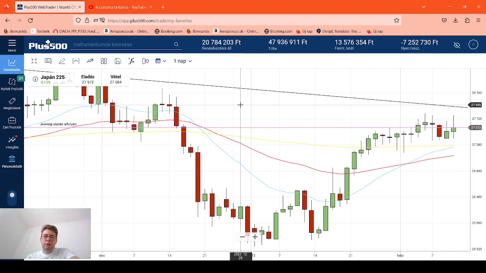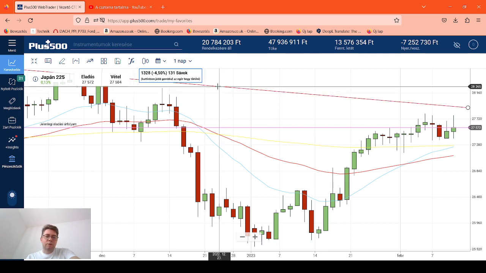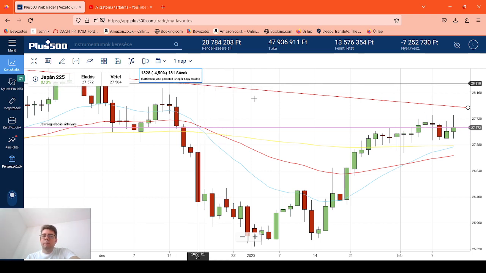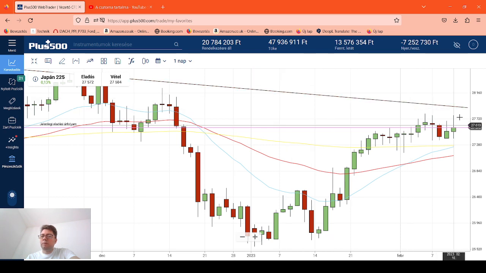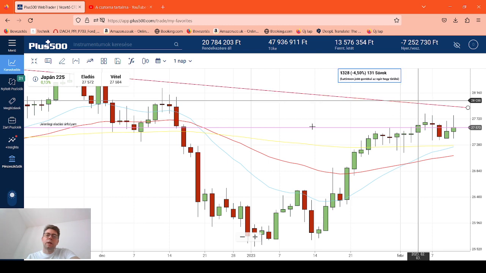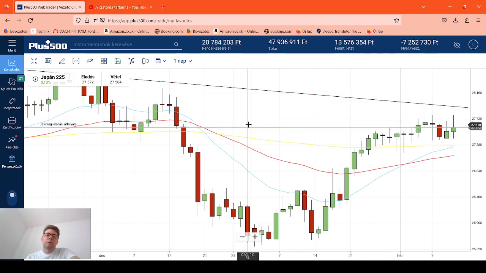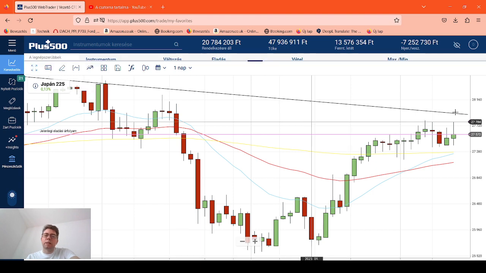We need to have a higher high, so we will probably head to 28,100, 28,240, around that area. We have this falling trend line. We need to break above this in order for us to say that we came out of this falling trend line on the Japanese index.